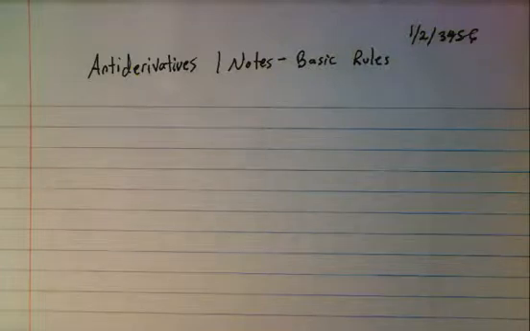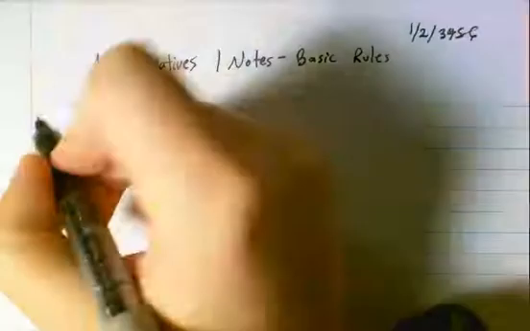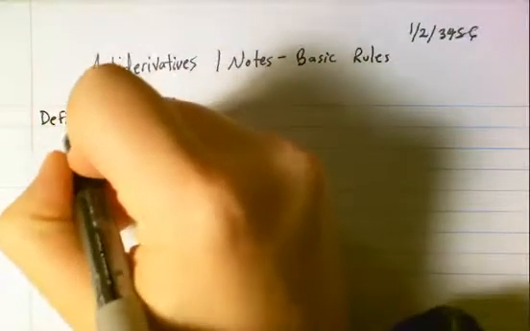So we've just spent a bunch of time taking the derivative, and what we're doing now is doing the antiderivative. And just like it sounds, the antiderivative is just the reverse of the derivative. So let's go and write the definition here.